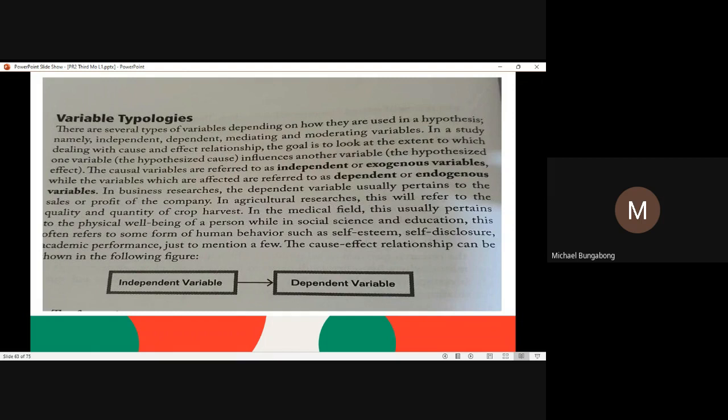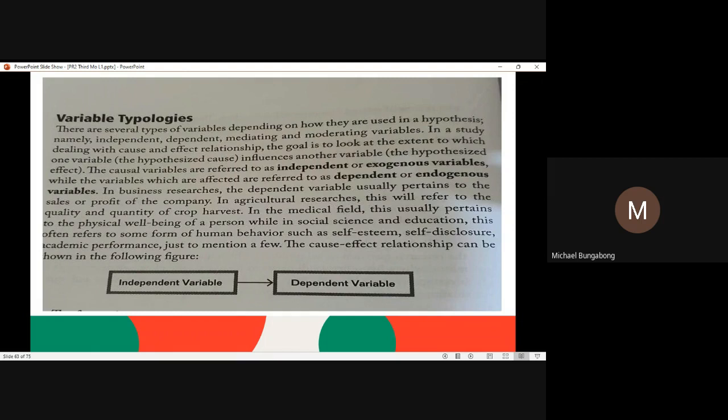So in a study dealing with a cause and effect relationship, the goal is to look at the extent to which one variable, meaning the hypothesized cause, influences another variable, which is the hypothesized effect. So if we talk about the causal variable, then you are comparing the two variables and you want to identify what or how much the effect of that particular cause is, no?